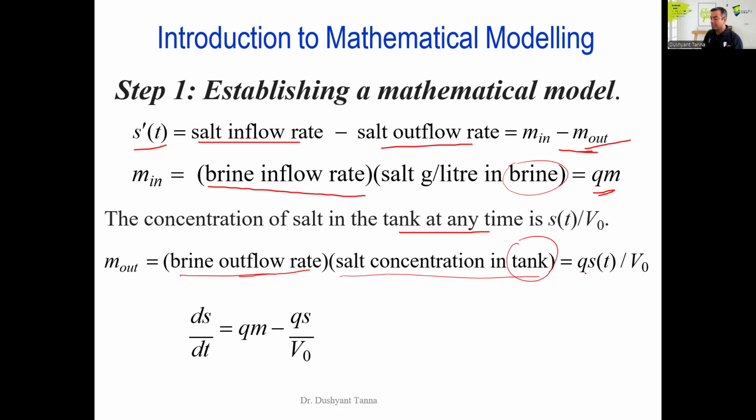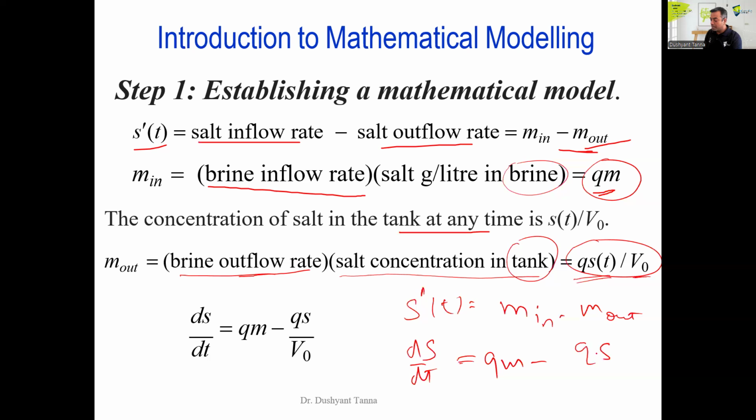So it is Q times S over V0. So S dash, as per the formula, is inflow M in minus M out. Now you call it S dash or ds by dt. In is Q times M minus out, which is QS over V0.